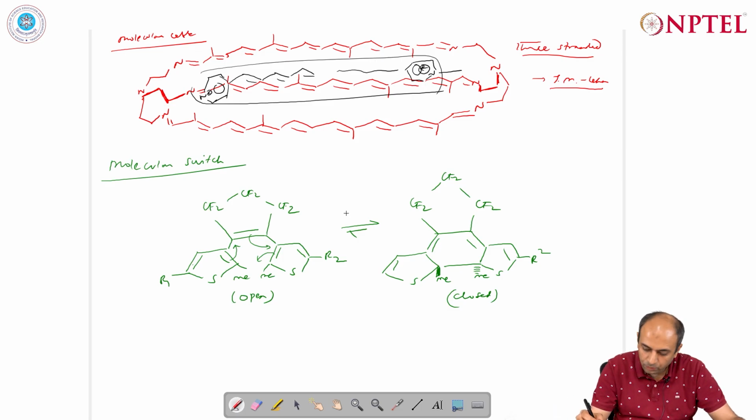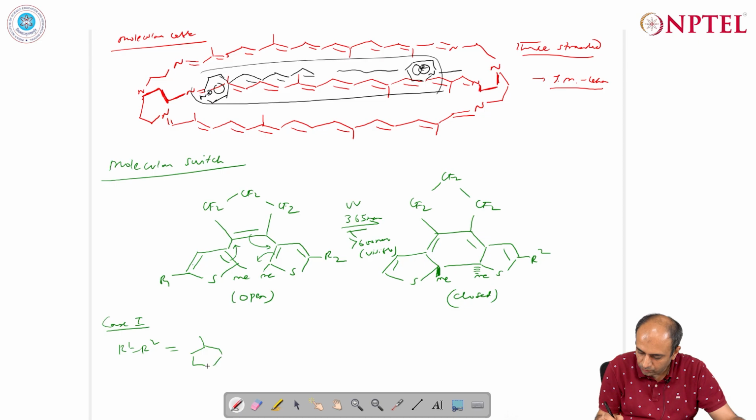Now, the closed state is obtained when you irradiate with 365 nanometer light, which is the UV light, and when you irradiate it with 600 nanometer or greater, that is the visible light, it gives rise to the open state. And we can have two different case studies. For example, case 1 where R1 is equal to R2 is equal to this N plus.